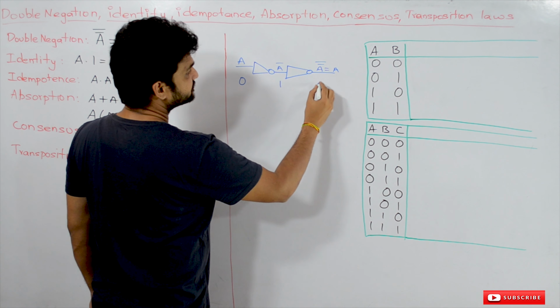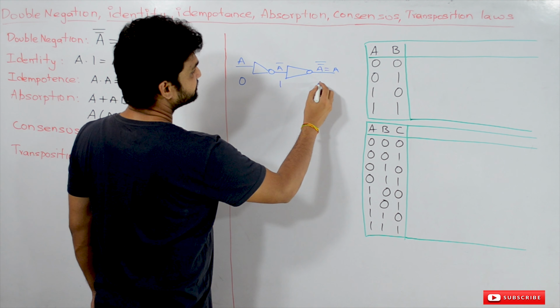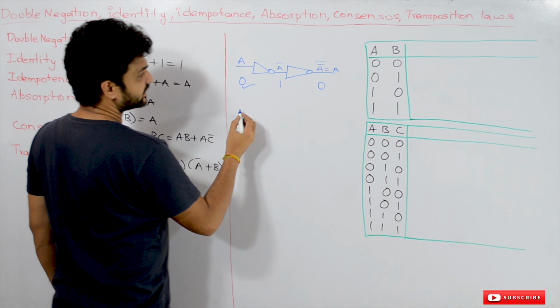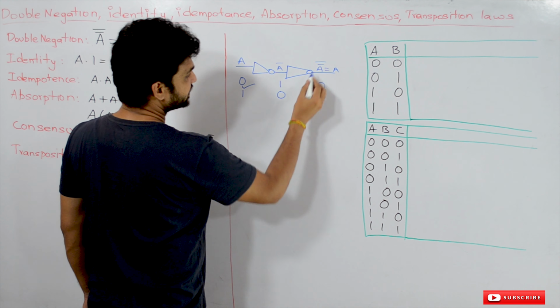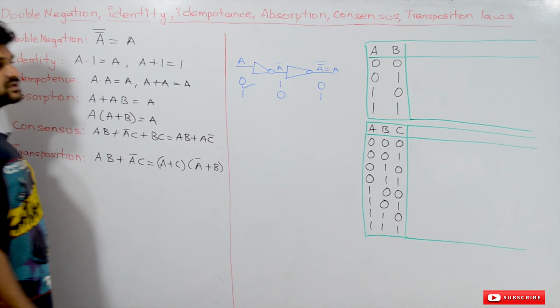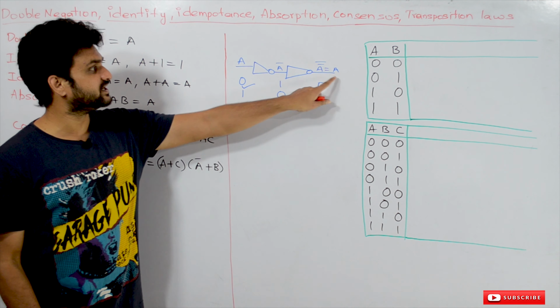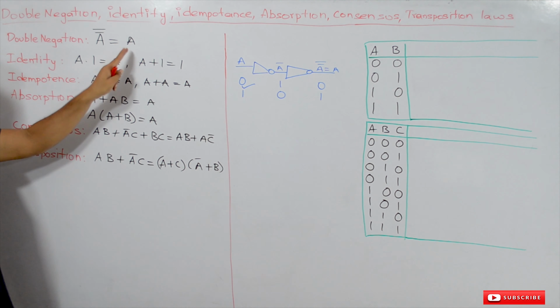The complement of 1 is 0, which is equal to a. Similarly, if you take 1, its complement is 0, and complementing again gives 1. So a complement whole complement is equal to a. This is what we call the double negation law.